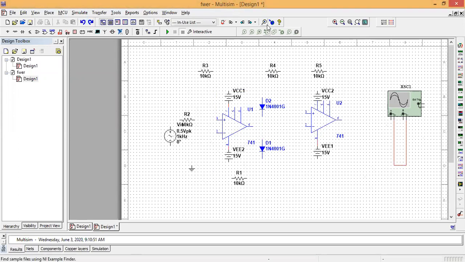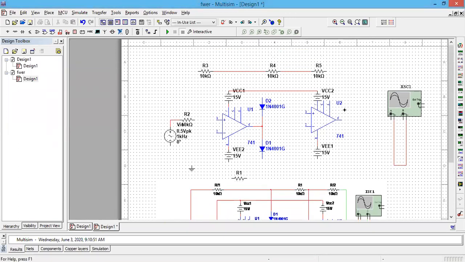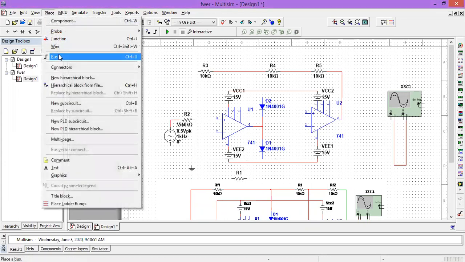Now let us perform the wiring of the circuit. Let us wire the circuit as shown in the circuit diagram. And here the two positive terminals of the DC regulated power supplies are connected to the ground. So you can place a junction.